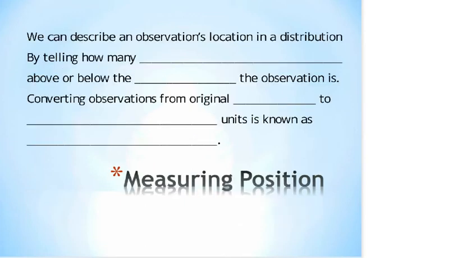Now, the last thing we're going to talk about is measuring position. We can describe an observation's location in a distribution by telling how many standard deviations above or below the mean the observation is. Sometimes we've got all these crazy standard deviations, how many points above, below.